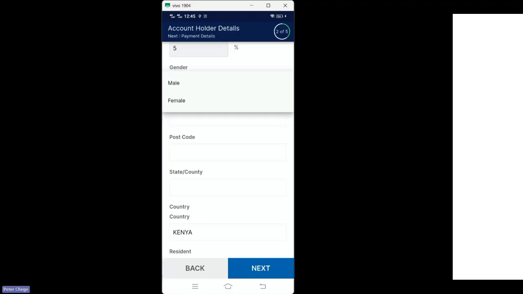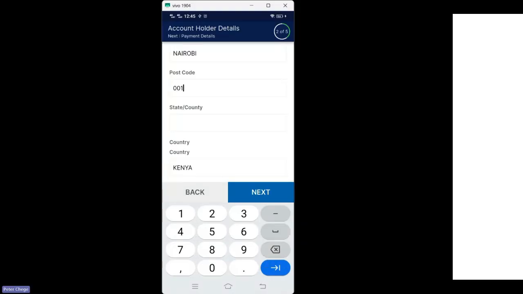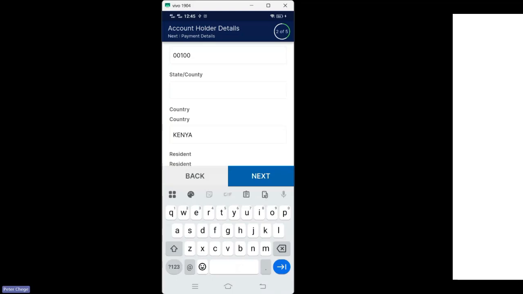Then you select gender, the town you are in, then postal code. Please put the correct postal code depending on your postal address. Then state or county. So here, let me just put some dummy details so that we quickly go through it. Then country of your residence, then the residence.